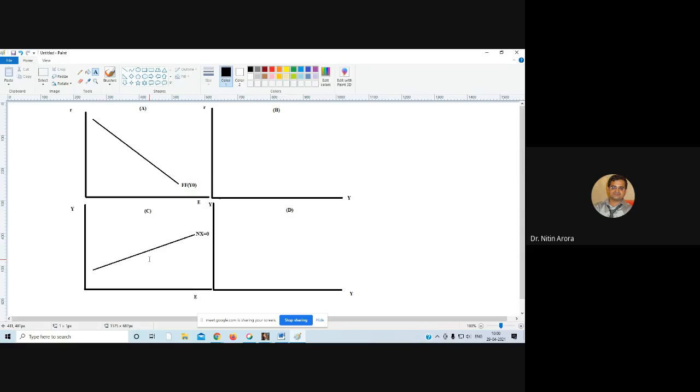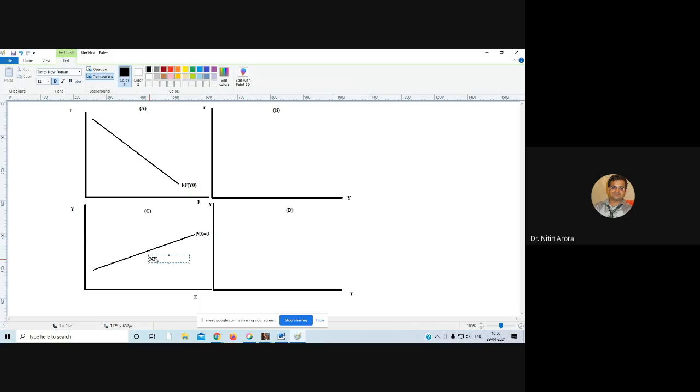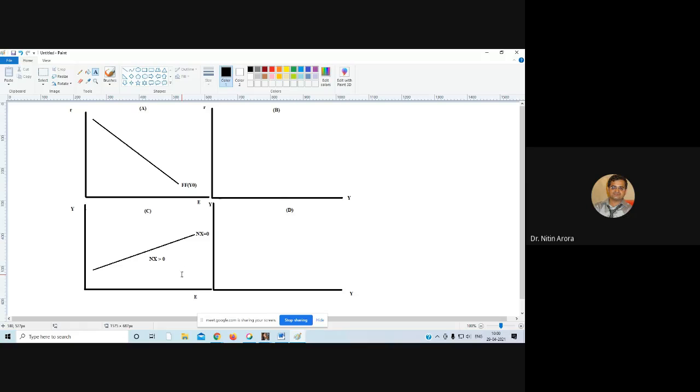Obviously, to the right, NX is greater than 0, so net exports are in surplus, because to the right the exchange rate is more. When the exchange rate is more, imports will be discouraged, and given constant exports, a net export surplus will be generated.